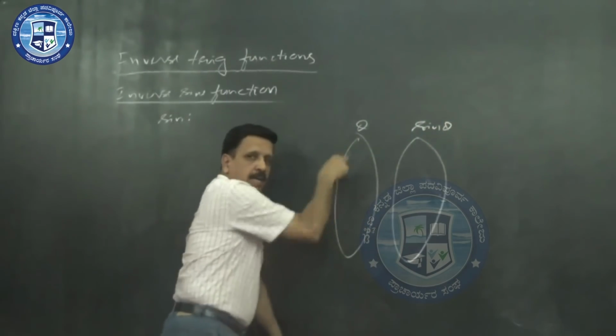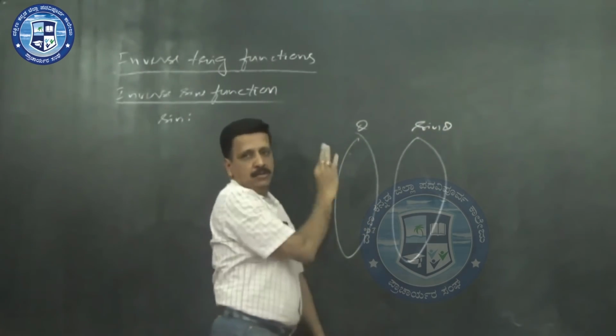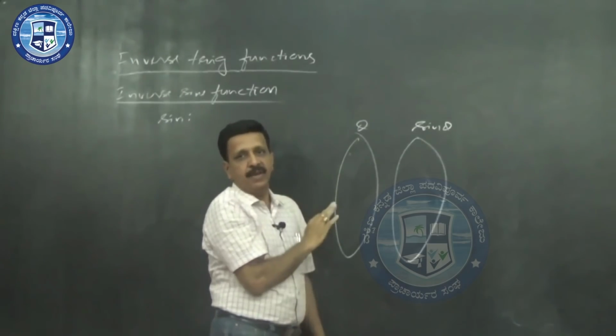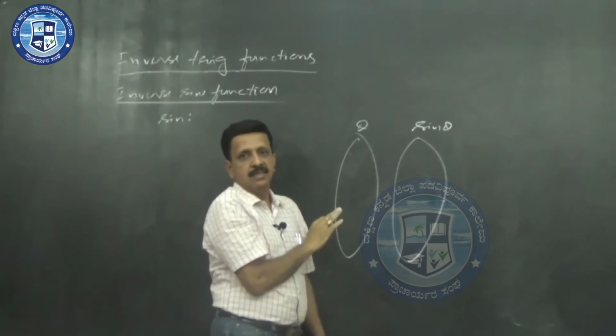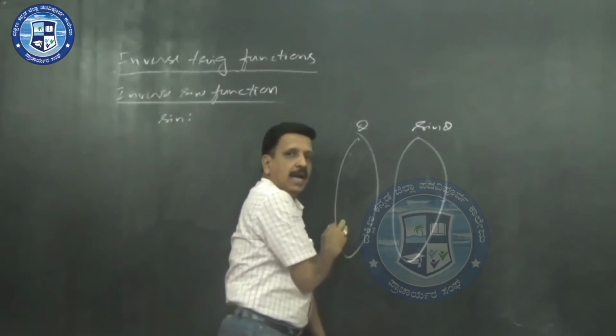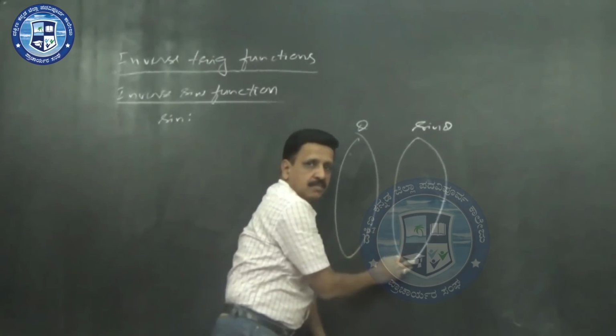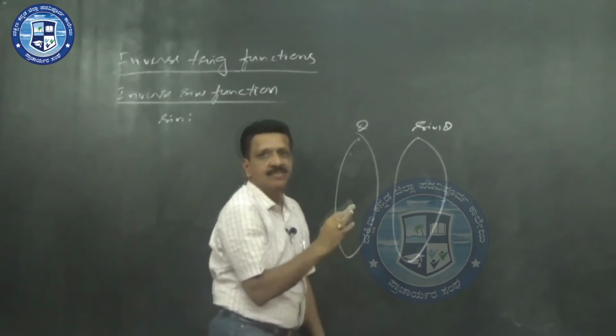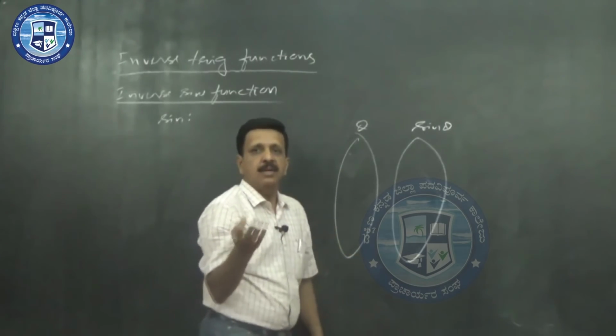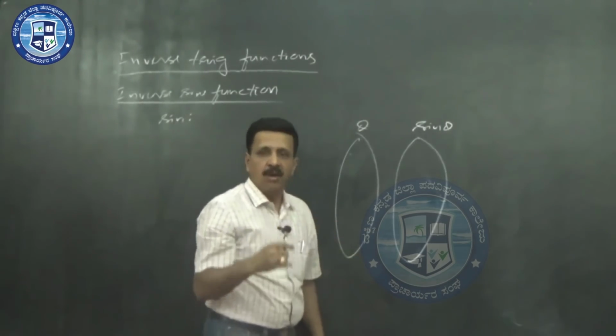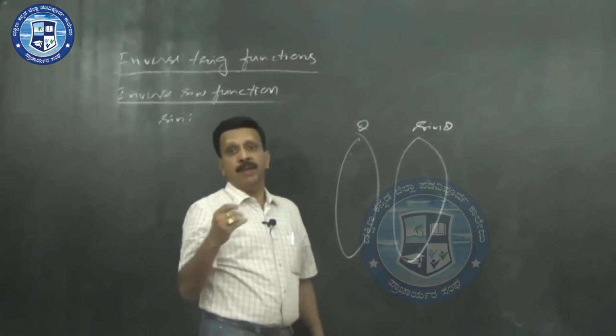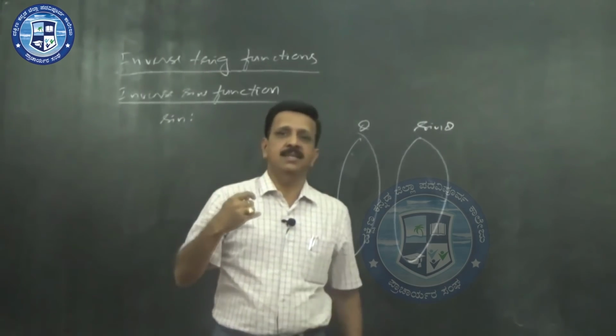You take any real value for the angle, then the sine of that angle exists between -1 and +1. It may be half or 0.8, it may be √3/2, which is 0.866.